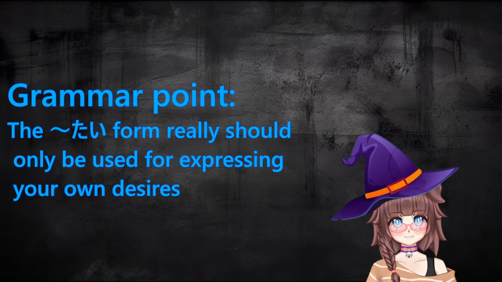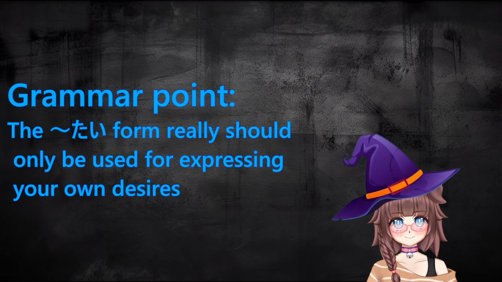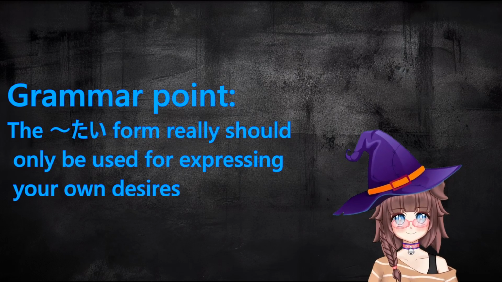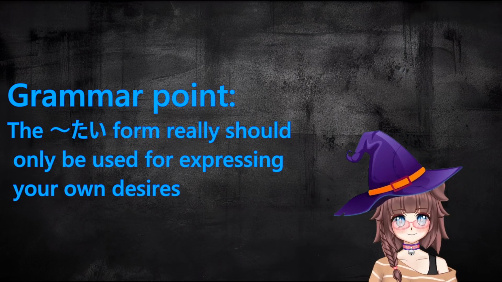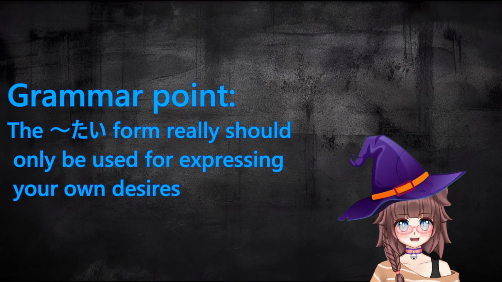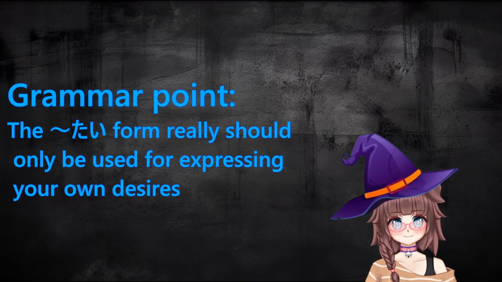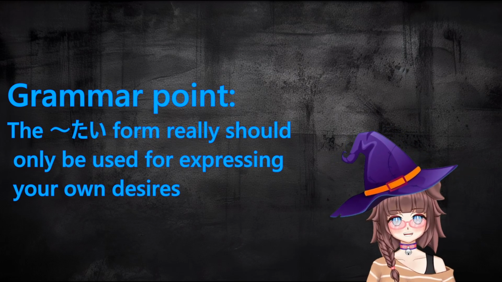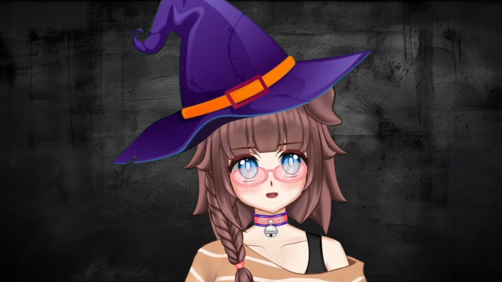I want to do this verb, but we're actually going to use another construction, tagaru, to infer when we think we know what someone else wants to do. You're going to need some kind of background knowledge in order to make that claim, but in that case, you can use a different construction. You just wouldn't use the tai form for somebody else. We're going to look at that tagaru construction another time, but for now, I think we've covered everything for the tai form.